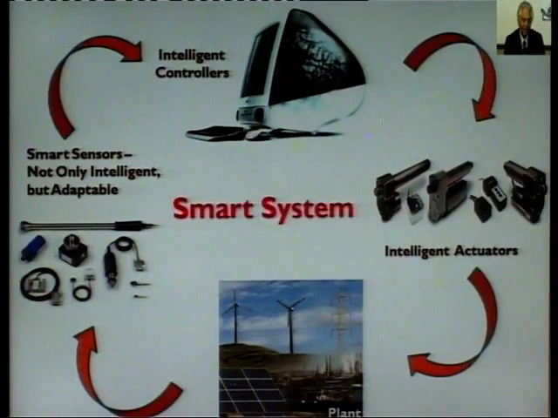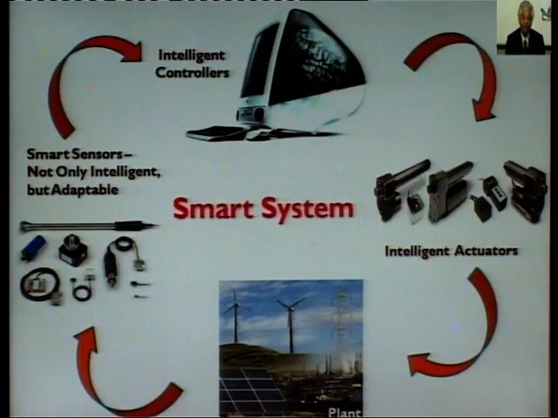So, this is the latest of the devices or drives, and we call them smart systems. You know what a smart system is? A smart system is one which has its own control. It is an embedded, adaptable type of control, and it can work on its own. Smart sensors, intelligent controllers, and intelligent actuators are the integral parts of the system, and it can control.